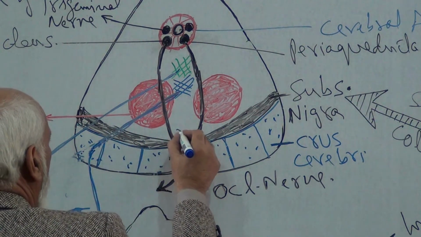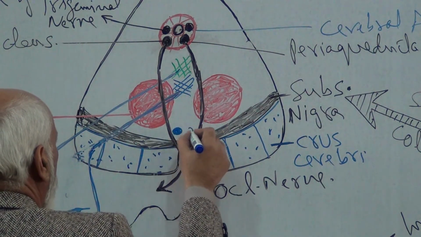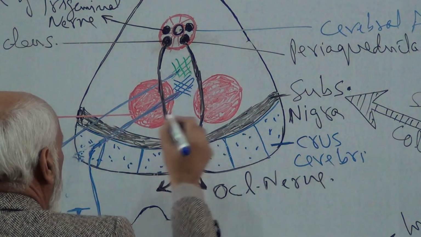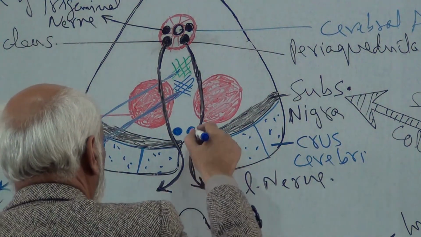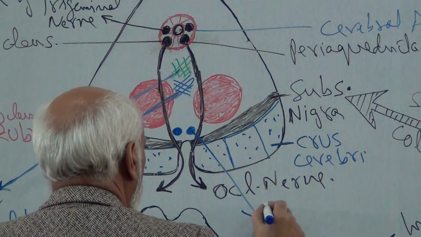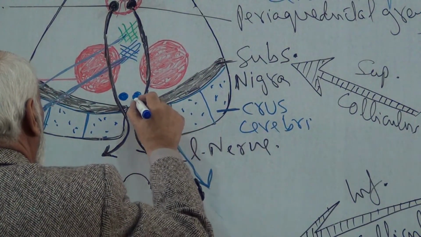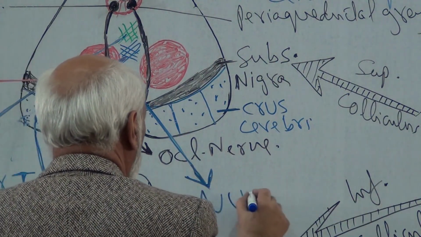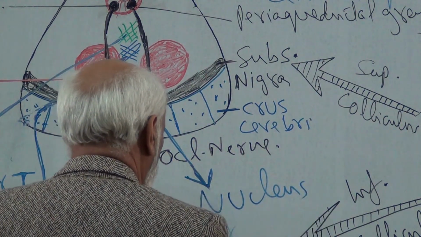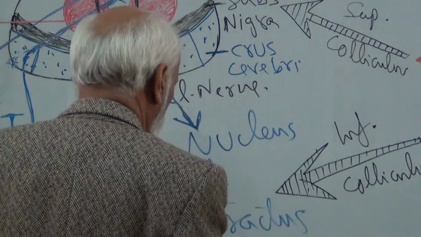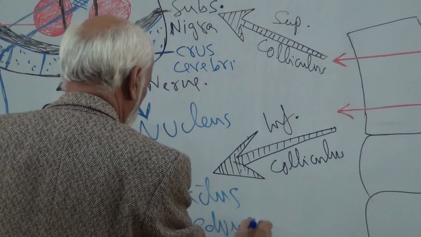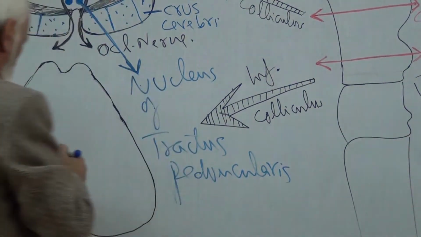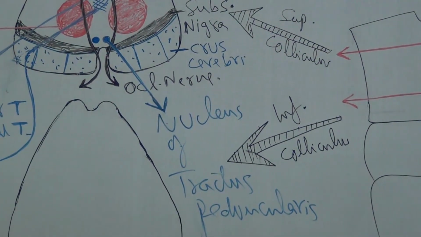Now, just behind the medial end of the substantia nigra on each side, medial to the oculomotor nerve fibers, there is a nucleus known as the nucleus of the tractus peduncularis.